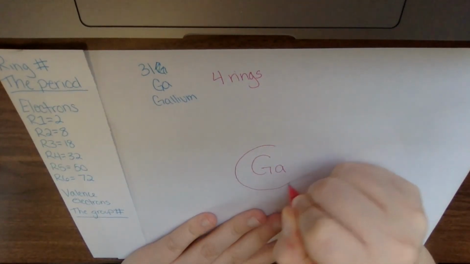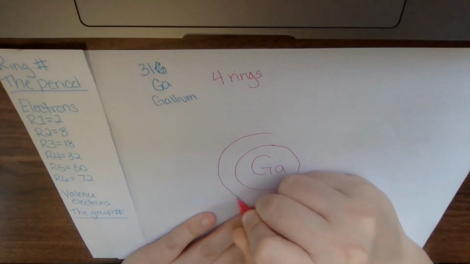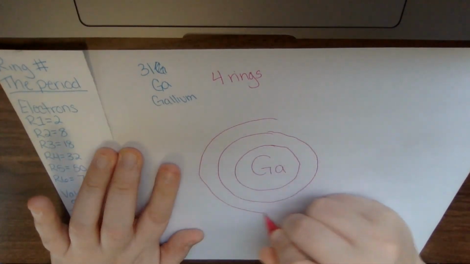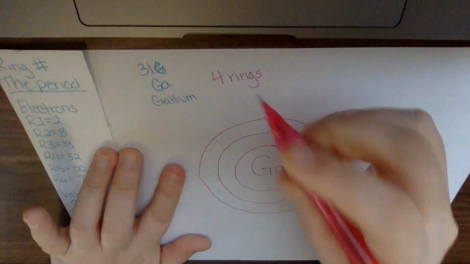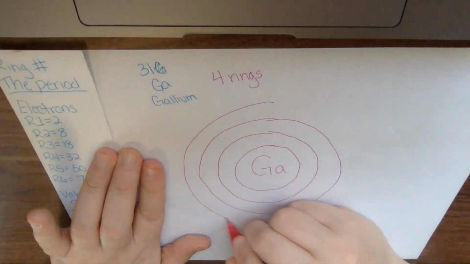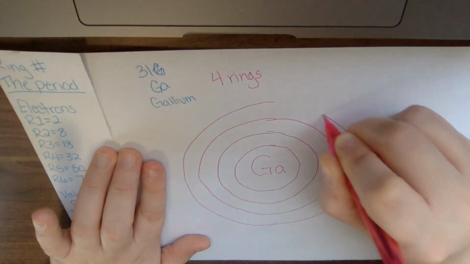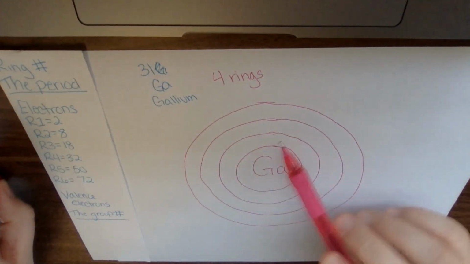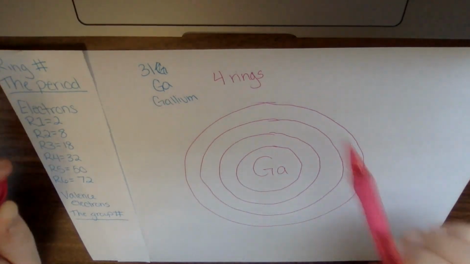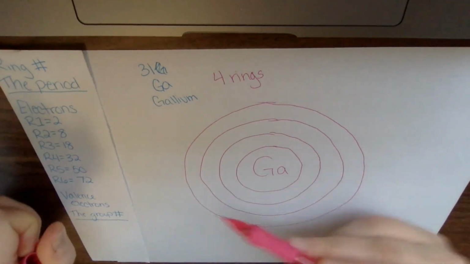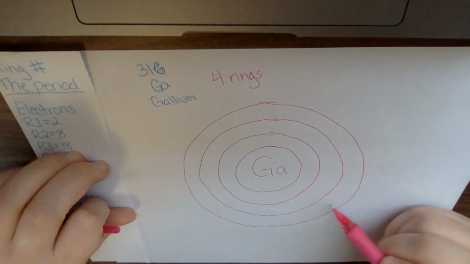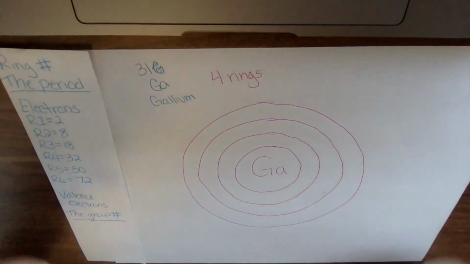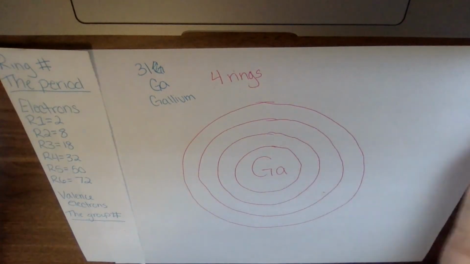So I have 1, 2, 3, and 4. So just right off the bat, since it has 31 electrons and it has 4 rings, you can just assume that rings 1, 2, and 3 are going to be completely filled up with the amount of electrons that they can hold. So I'm just going to go ahead and fill them in.